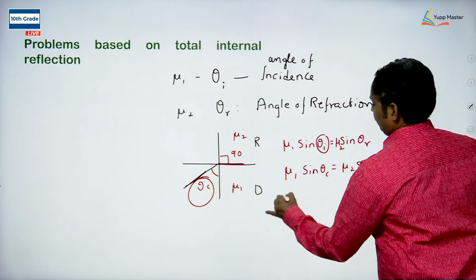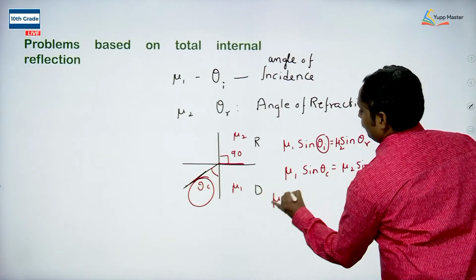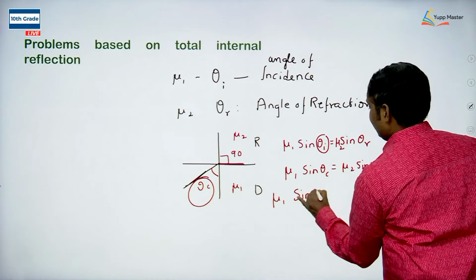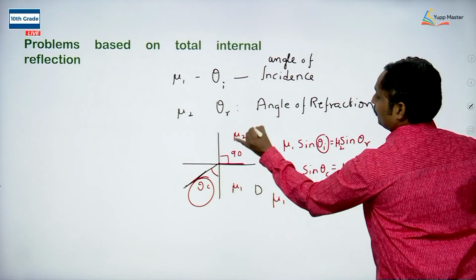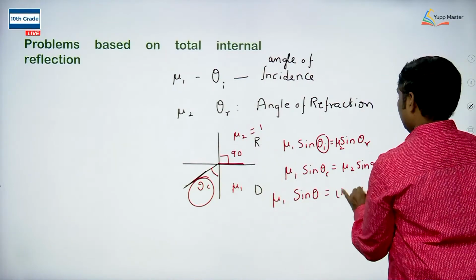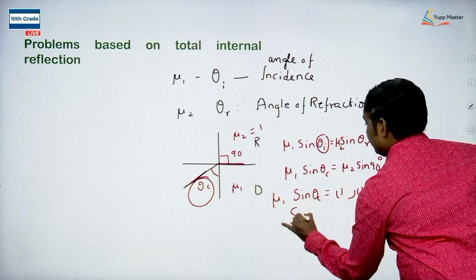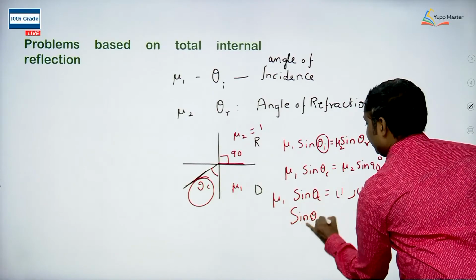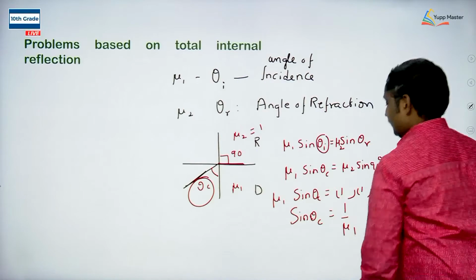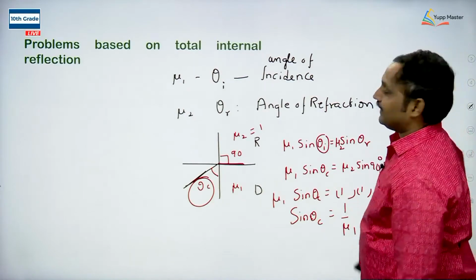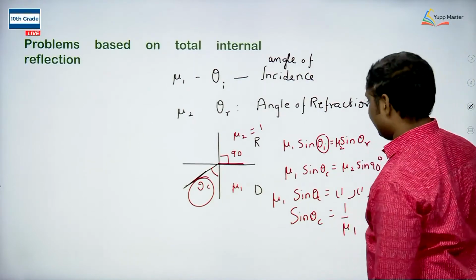Now mu1 sin theta c is equal to mu2, which is 1. So sin theta c is equal to 1 by mu1. This is the generalized expression.